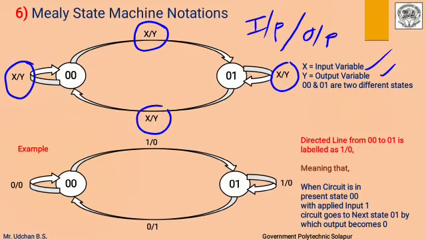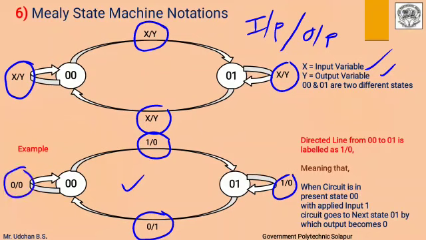Now one example of Mealy state machine notation is given over here, which consists of again two states, 00 and 01. Here 1/0 is written, in which 1 is the value of the input variable and 0 is the value of the output variable respectively. 0/1 is written over here, in which the value of the input variable is 0 and the output variable is 1. 1/0 is written over here, in which the value of input is 1 and the value of output is 0.